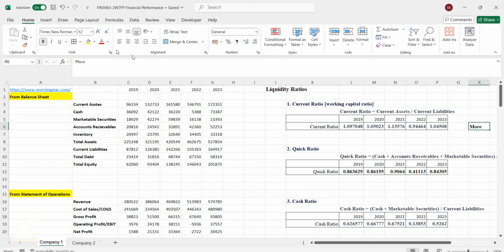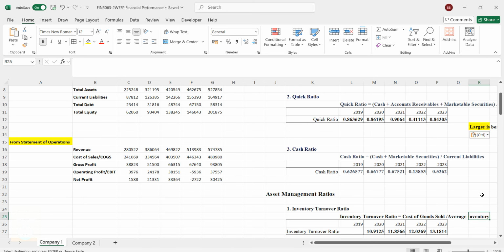Regarding the quick ratio, it should be larger again. Larger is best. This one larger is best, and this is also larger is best.